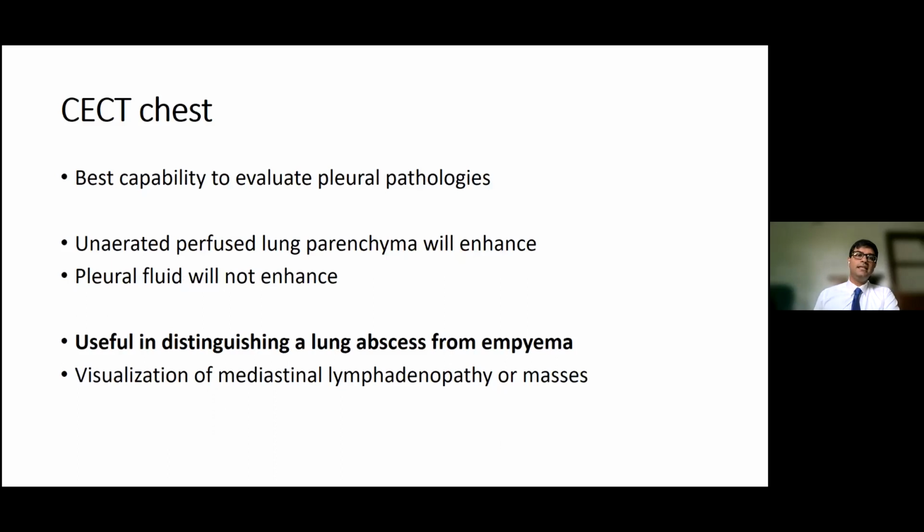The contrast CT chest offers the best capability to evaluate pleural pathologies, where unaerated lung will be enhanced and the pleural fluid will not be enhancing. It is important to distinguish a lung abscess, which is sitting on the base of the pleura, from an empyema.